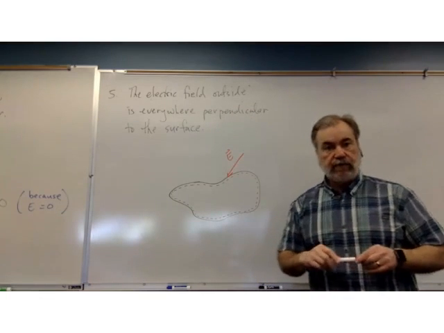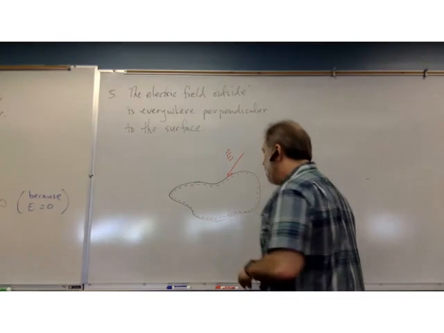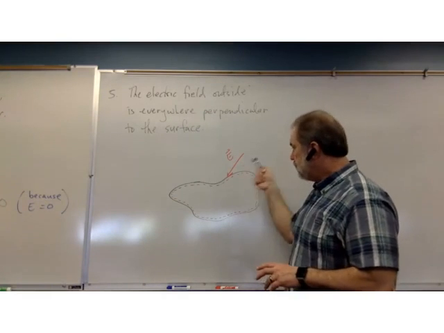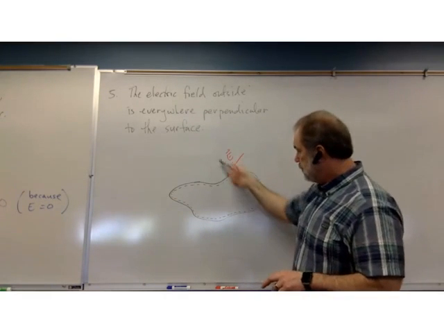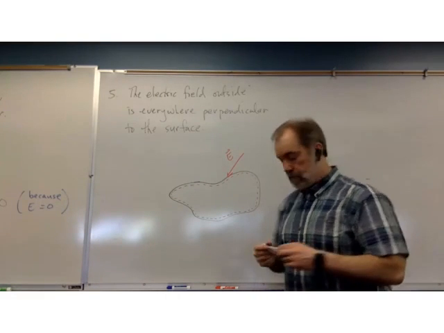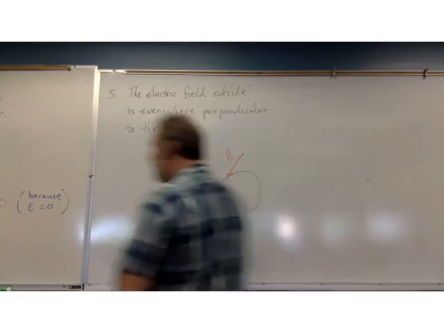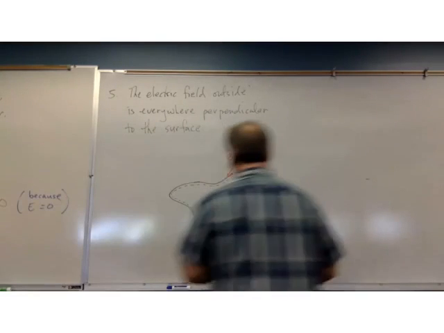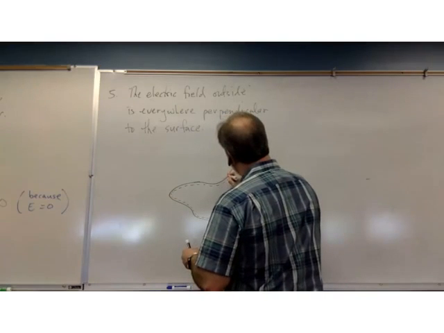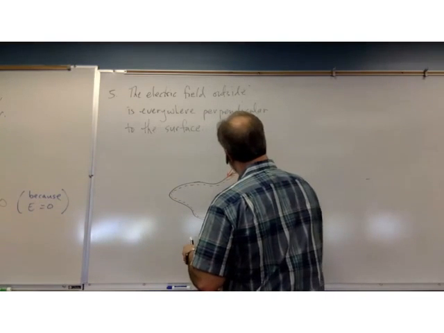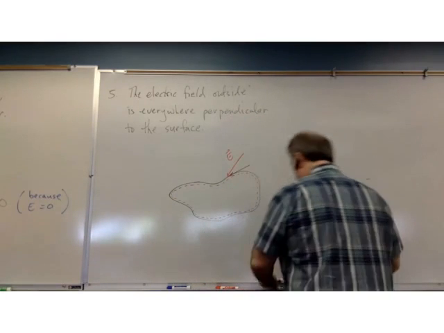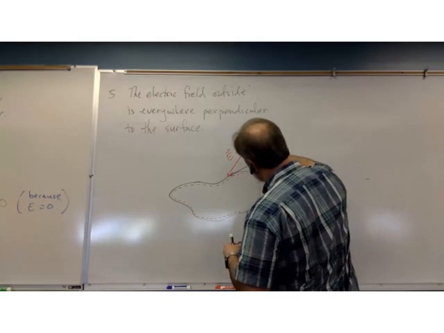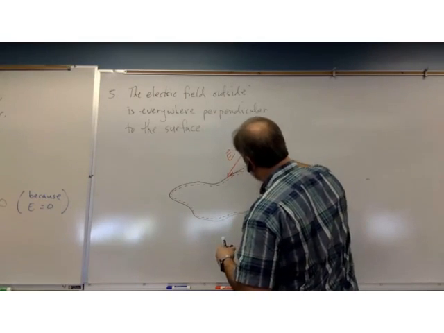If this were, in fact, the electric field vector, then let's see what happens when I break this field vector up into two components. One component parallel to the surface at this location, the other component perpendicular to the surface at that location. Then I'll have a parallel component that looks like that, and a perpendicular component that looks like that.